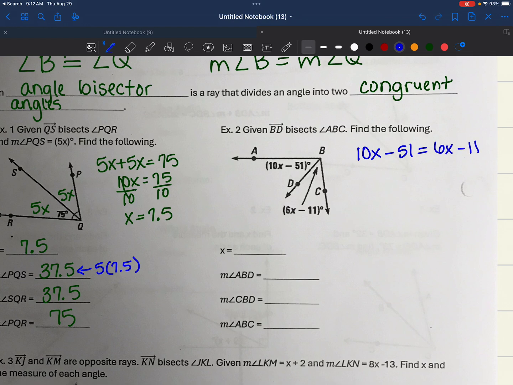So 10x minus 51 is equal to 6x minus 11, okay? Symphony, will you solve that for me? Okay, I'm okay if you go ahead and move 51 in that same step.